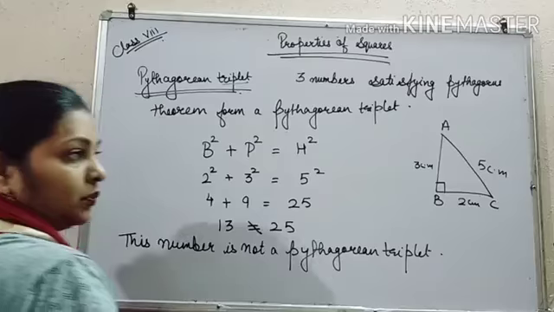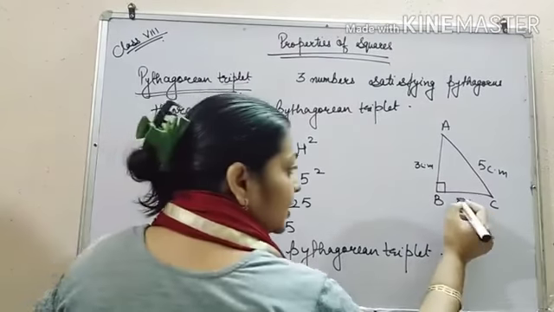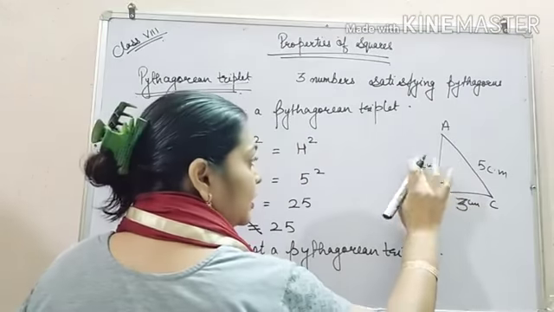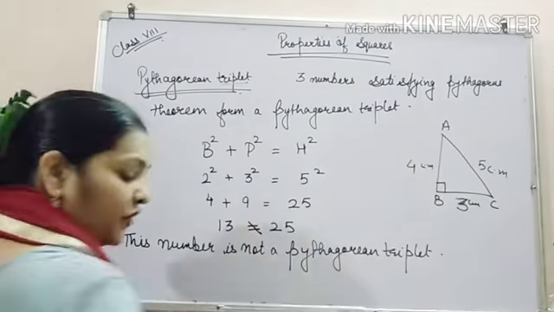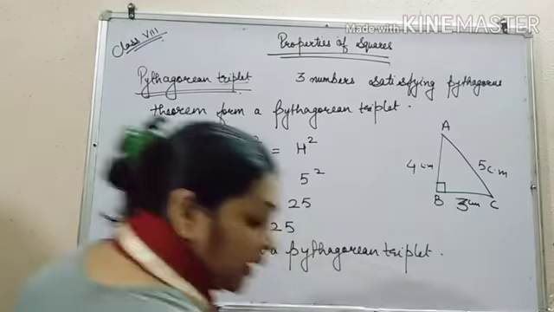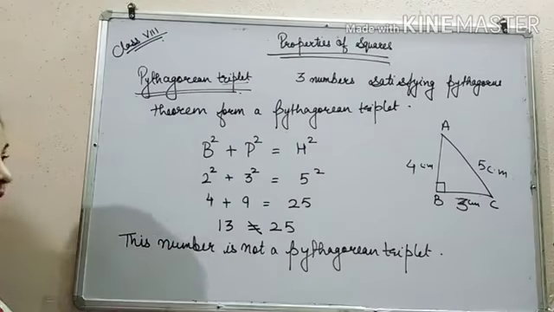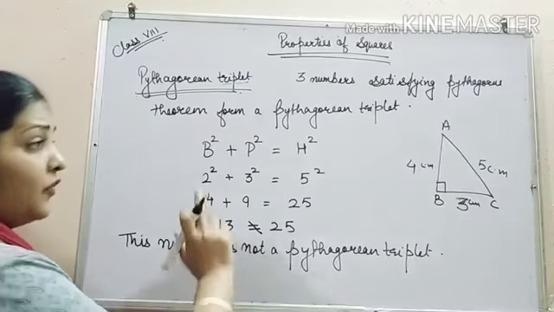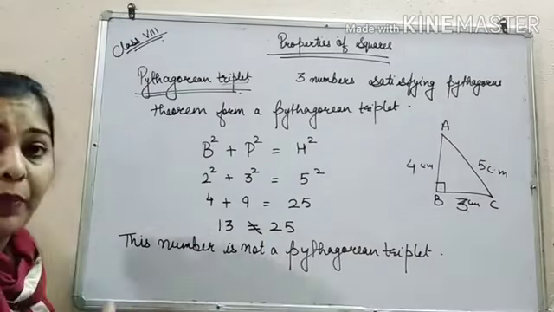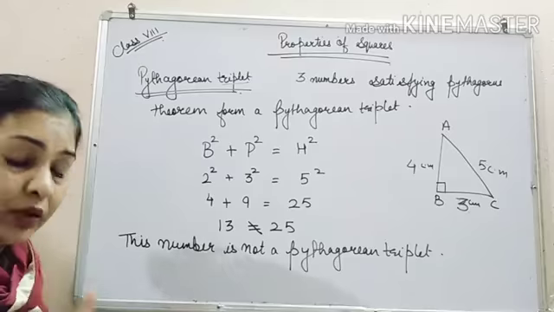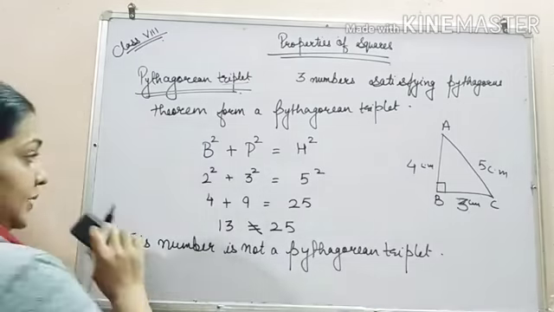Let us take one more example. Suppose this is 3 cm, this is 4 cm and let AC be 5 cm only. Now we will see whether these measurements satisfy Pythagoras theorem or not. So let us see.